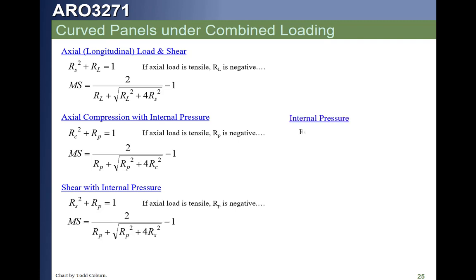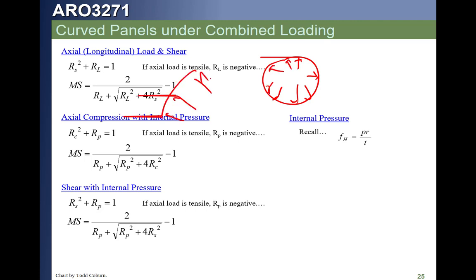If we have internal pressure on a curved panel, we need to remember that our stress associated with that pressure is a hoop stress. That's going to be the critical stress. If our stress is a burst pressure, what that means is we have a cylinder loaded with a burst pressure, or we have a curved panel loaded with a burst pressure.